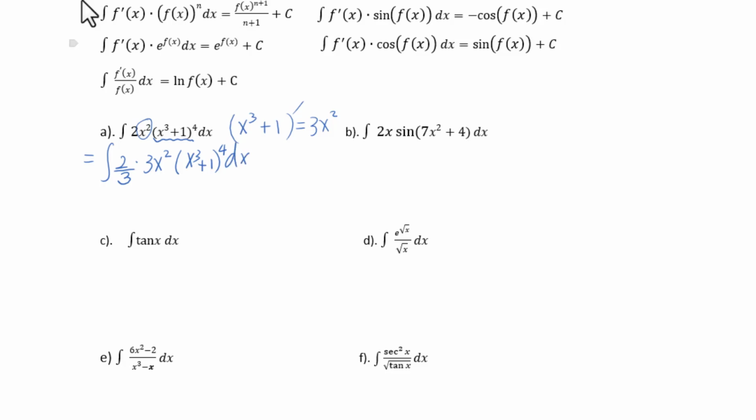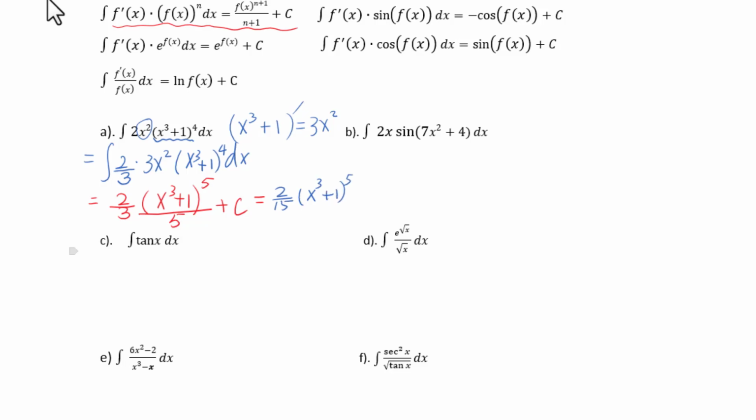Then we can use this formula: 2 over 3 times x to the third power plus 1 to the fifth power over 5 plus c. Then organize: 2 over 15 times x to the third power plus 1 to the fifth power plus c.